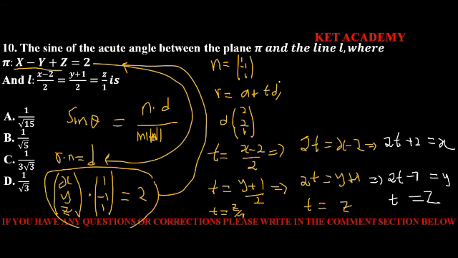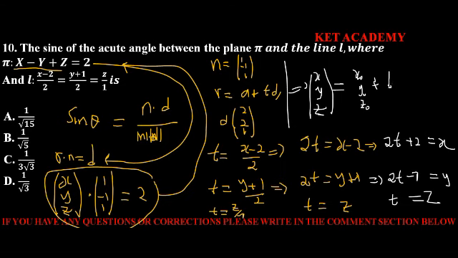Expressing this in the form of a line, these general equations can be written as (x, y, z) equals (x naught, y naught, z naught) plus t times another vector, let's say (a, b, c), which is the direction vector in this case.